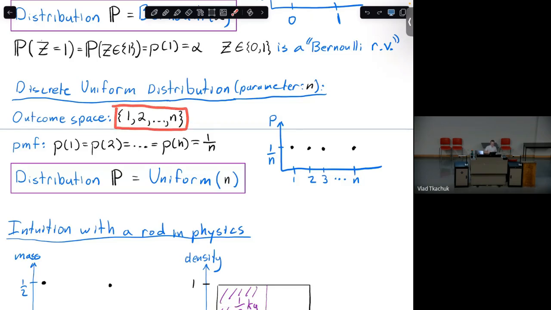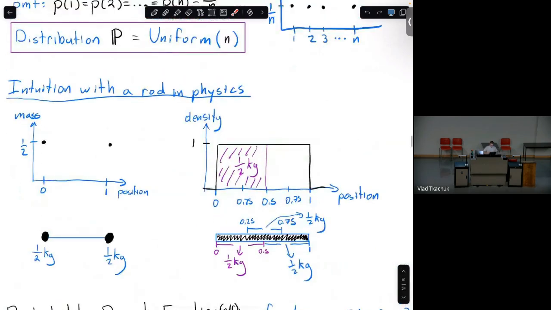So if you change this parameter n, then the outcome space changes. It becomes 1, 2, up to n. And the distribution, once again, is defined by the PMF, but the PMF is also governed by this parameter n. And it's exactly 1 over n to have it uniform over everything. Okay, hopefully that answers that.